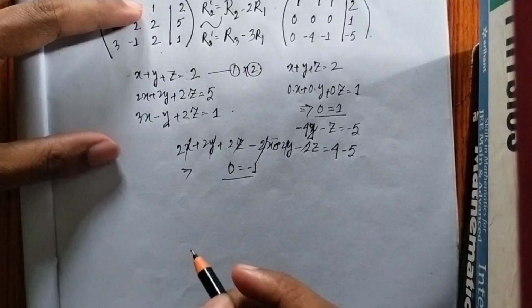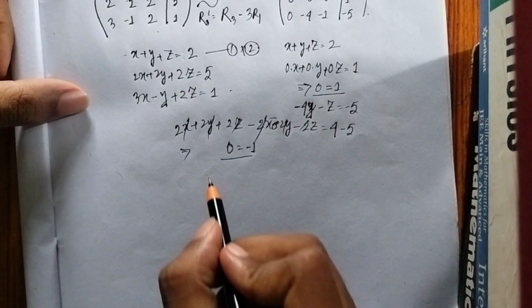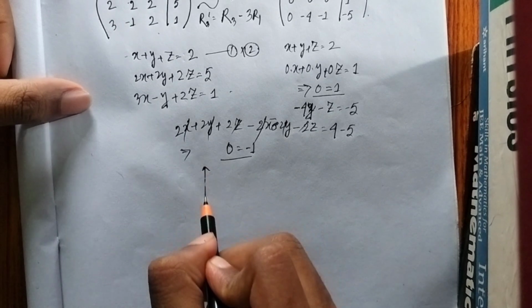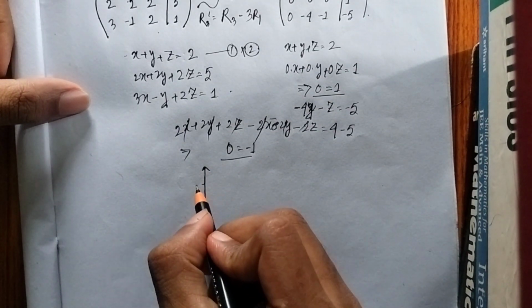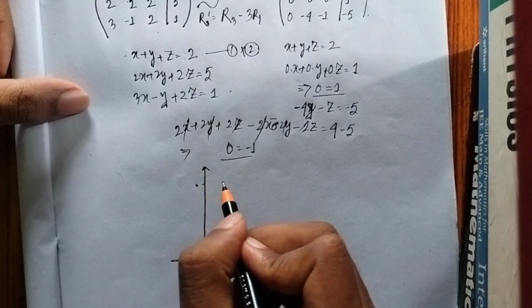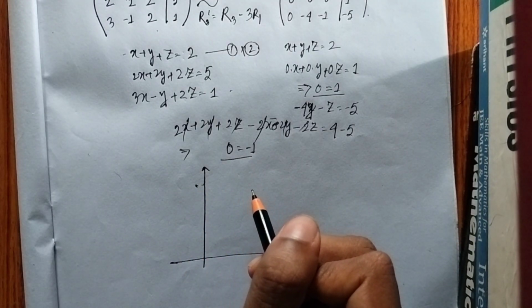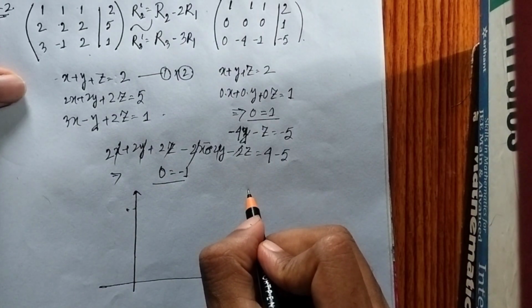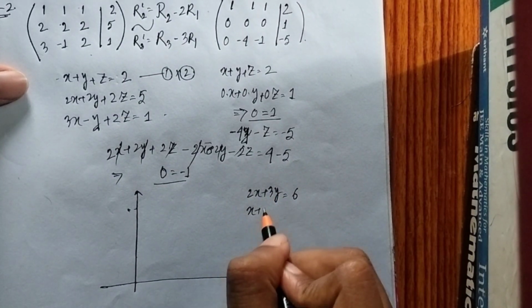when geometry was developing? Mathematicians noticed that the equation of a line is just like a linear equation, so a system of linear equations is like a system of lines. Let's say we have 2x plus 3y equal to 6 and x plus y equal to 1.